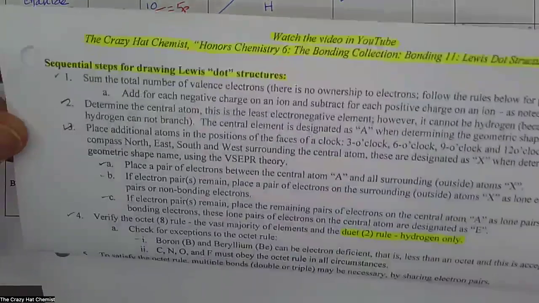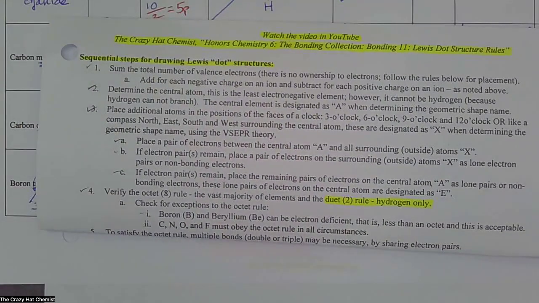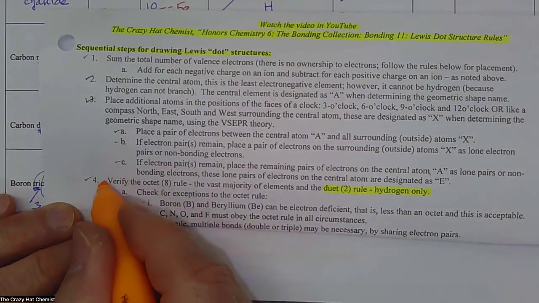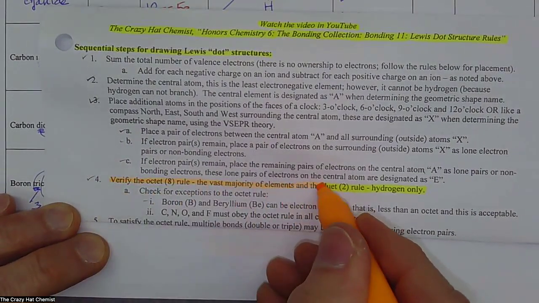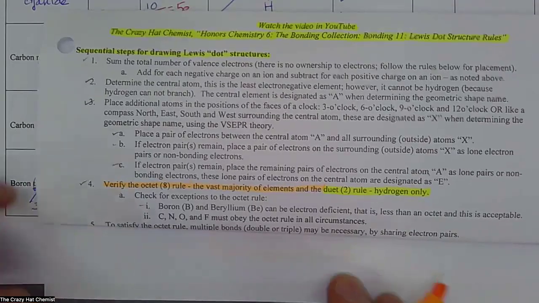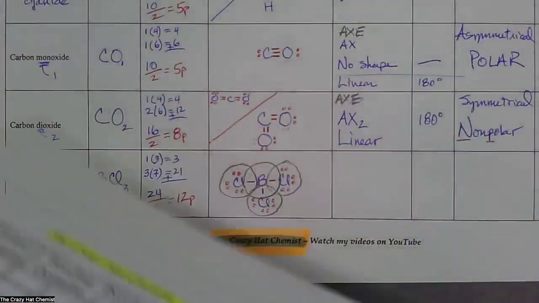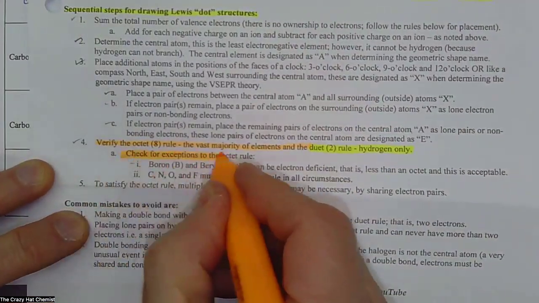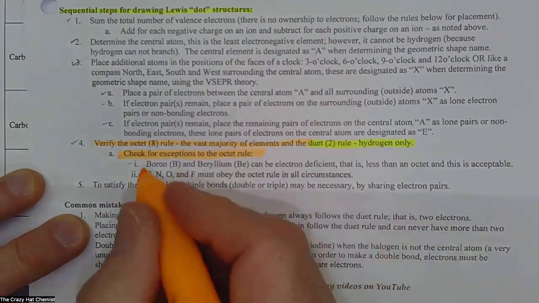And then we're going to go to my Lewis dot structure rules here, and I'm going to highlight something very important here. We're verifying the octet rule. Vast majority of elements follow that. I've said that they all do, but they don't all do. We are going to check for exceptions to the octet rule.